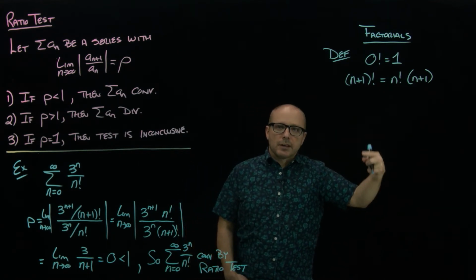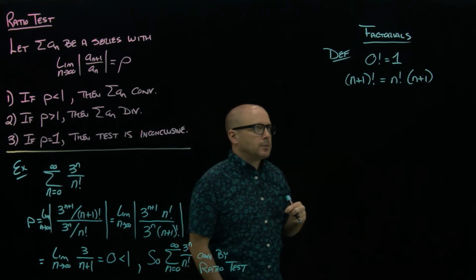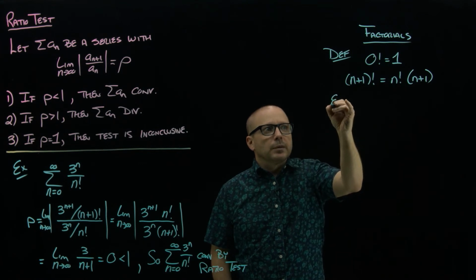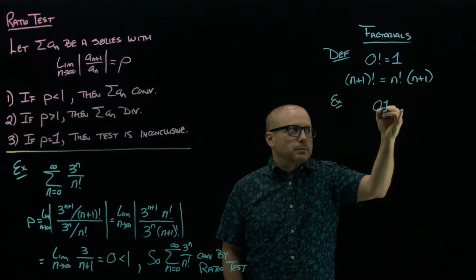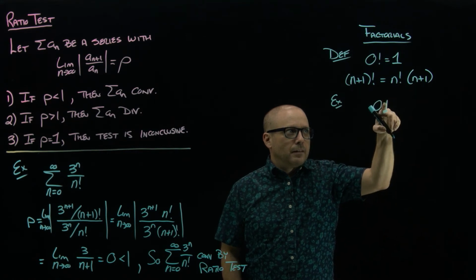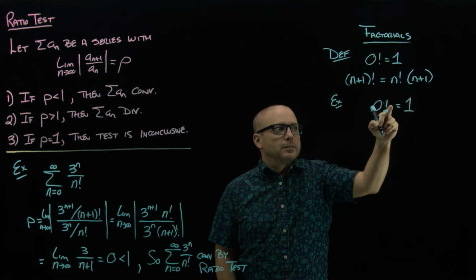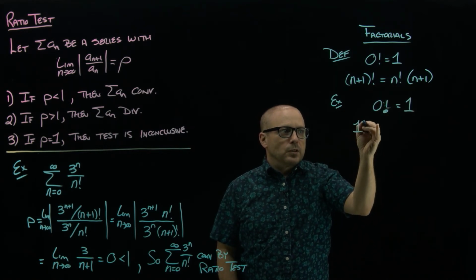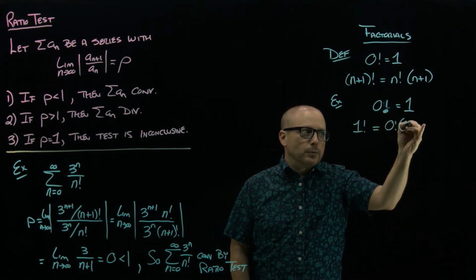So it's a recursive definition. You can get every factorial from the previous factorial. So what does that, in practical terms, mean the factorials look like? So 0 factorial is 1 by definition. Then by that recursive definition, 1 factorial should be 0 factorial times 1.